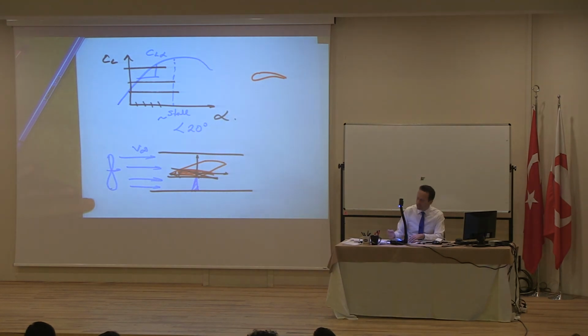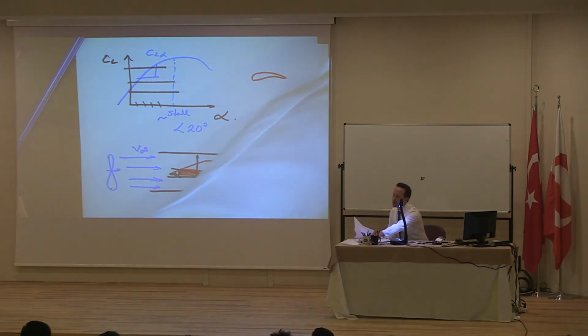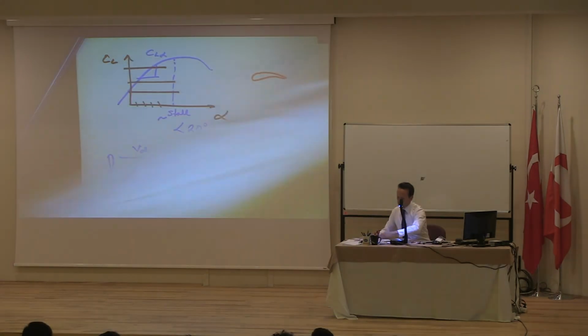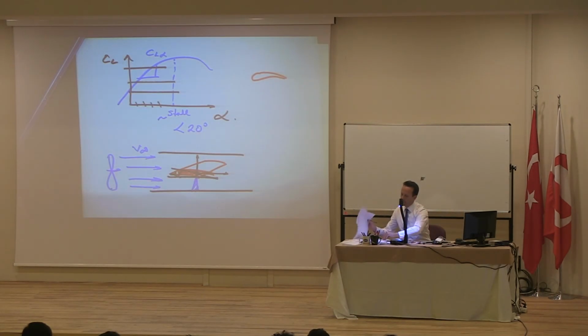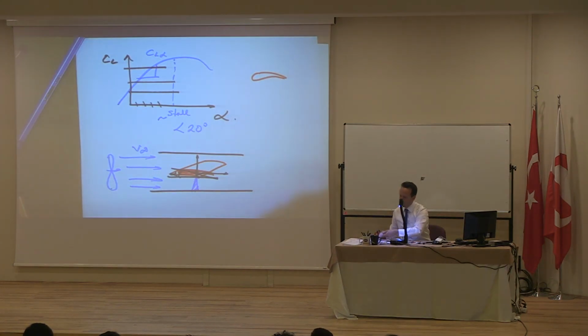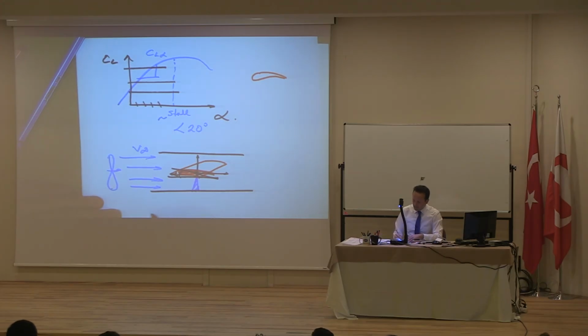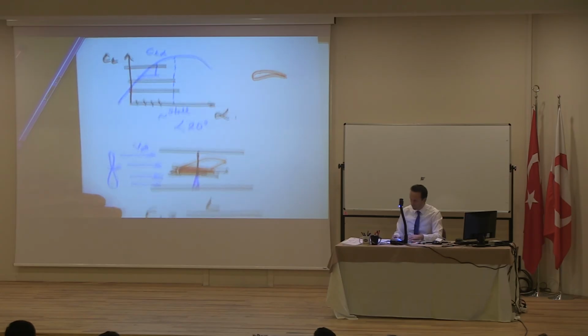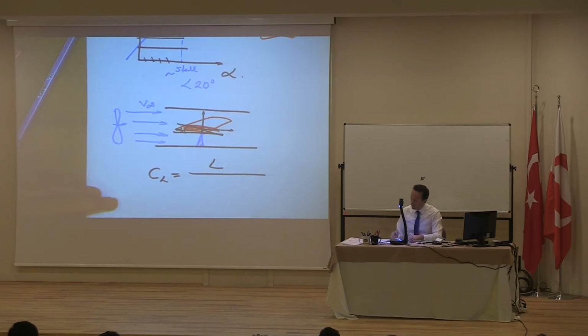So how do you do it? Well, if you look at our formula, CL, I'm sorry. Where is it? I just had it here. If you look at this formula, CL is equal to lift over 1 over 2 rho v squared S. Isn't it?